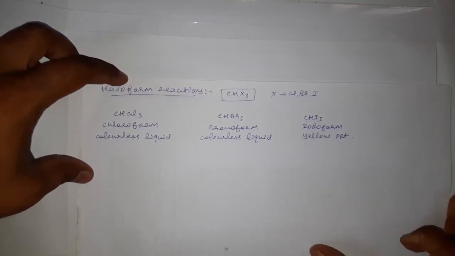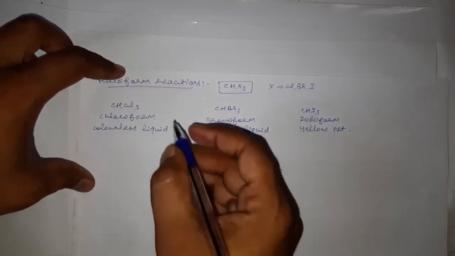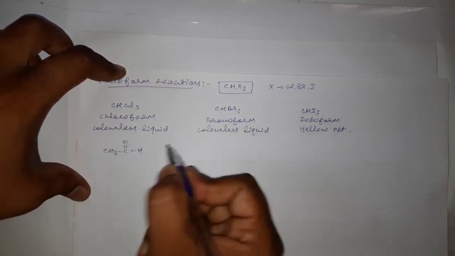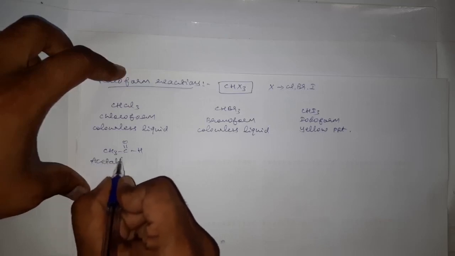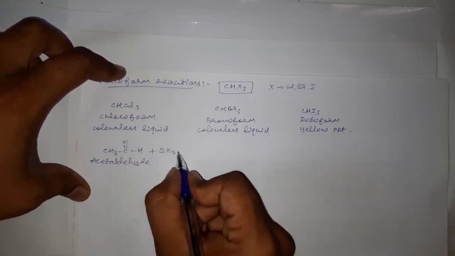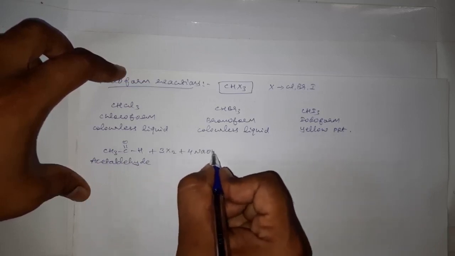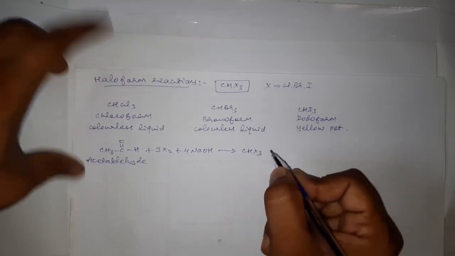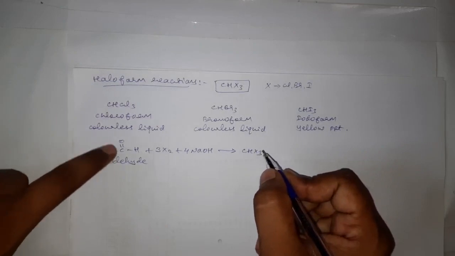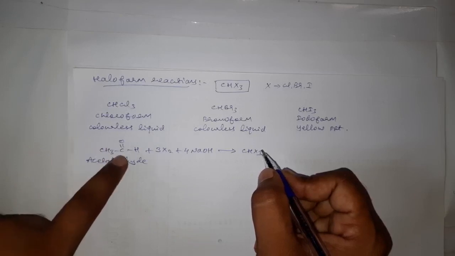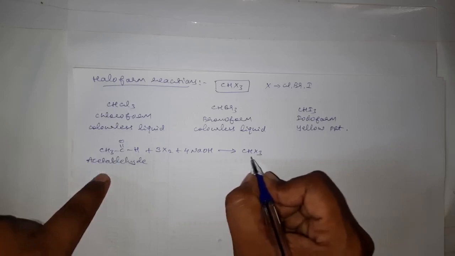These are haloforms, and the haloform reaction we can write like CH3CHO, which is acetaldehyde. When it is treated with 3 moles of halogen in the presence of 4 moles of sodium hydroxide, we will get CHX3. This alpha methyl group, the methyl group attached to the carbonyl carbon of this aldehyde, is converted into its haloform.